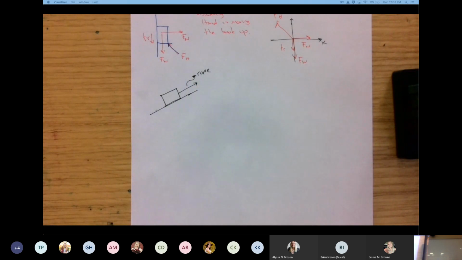Okay, give it a try. Do the free body diagram.